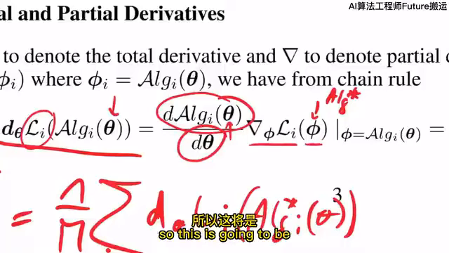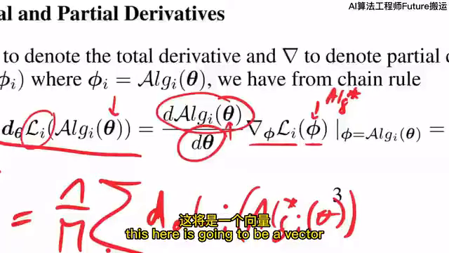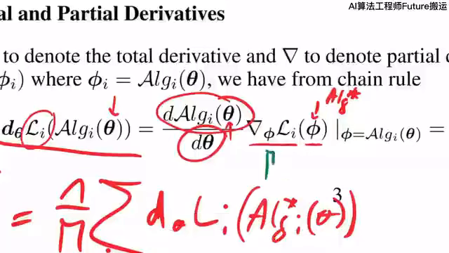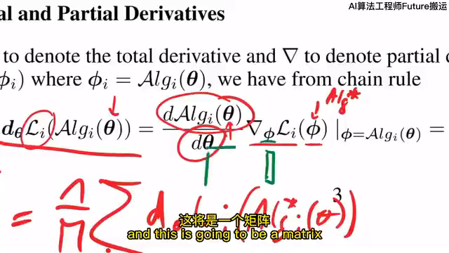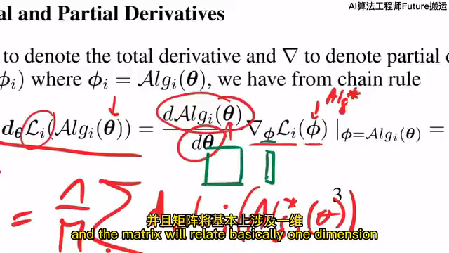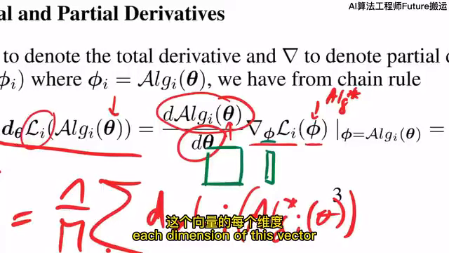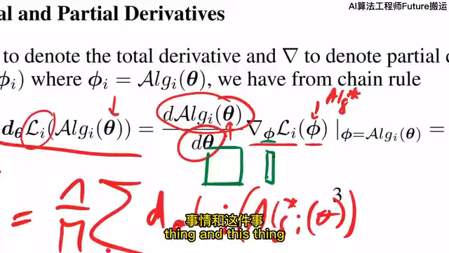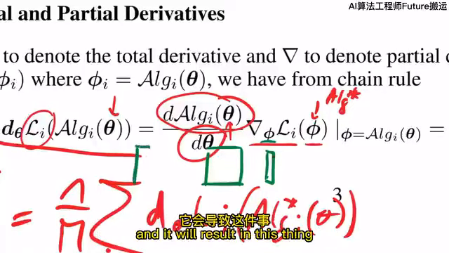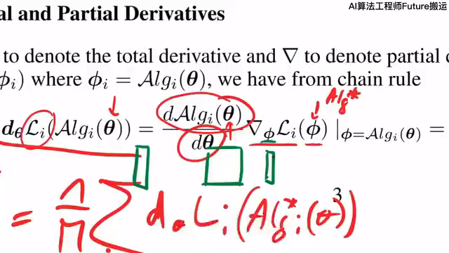So this here is going to be a vector. It's the gradient with respect to these parameters, and this is going to be a matrix. It's going to be a product between this thing, and it will result in this thing.